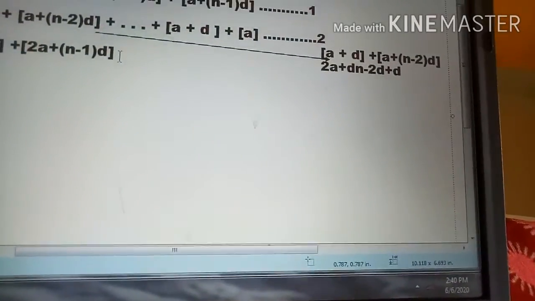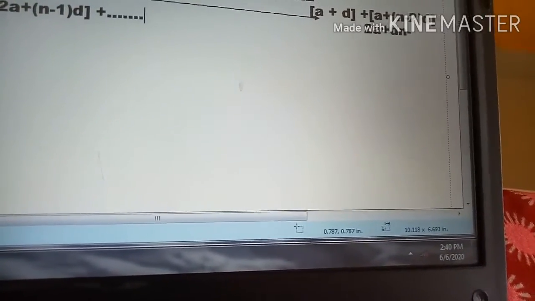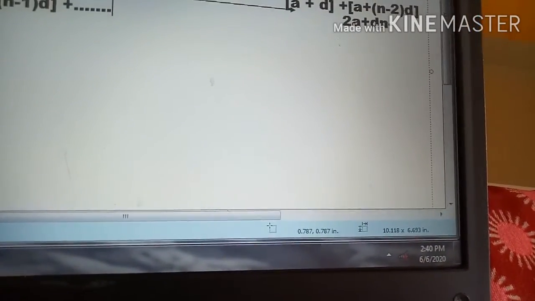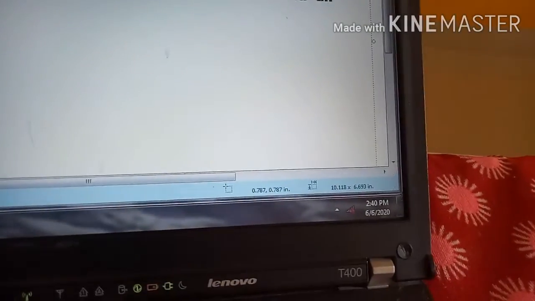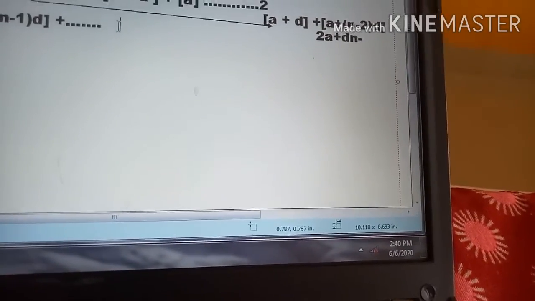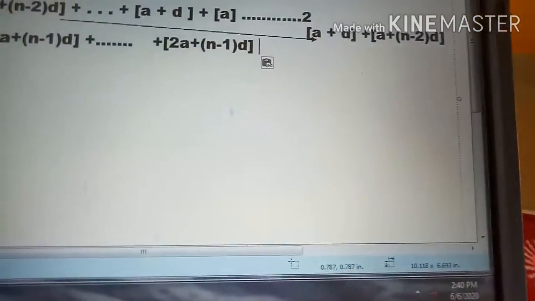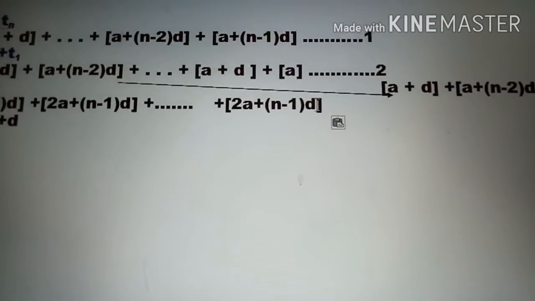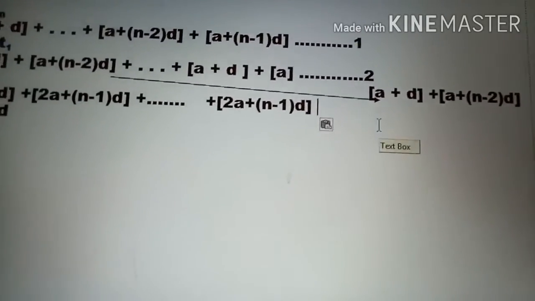So the same bracket will become, correct? Later, plus the second term, you can see here a plus n minus 2d, and here a plus d, both added, it will become the same bracket. And later at the last, n plus n minus 1 d plus a, it also becomes the same.